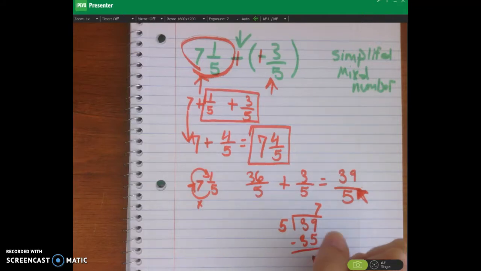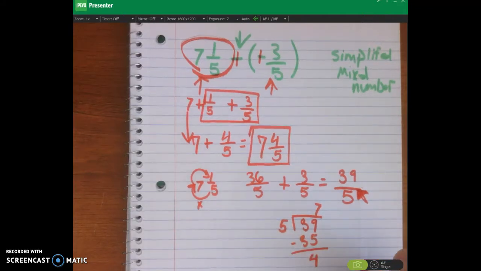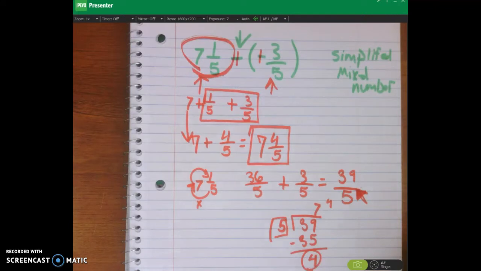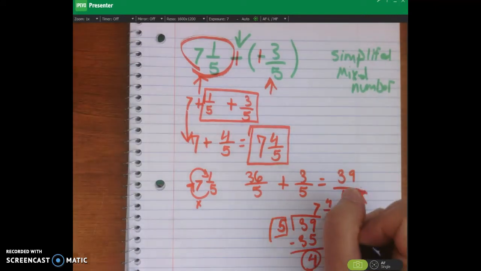We subtract, we are left with 4. Now we're working with fractions, so we don't need to keep going and make it a decimal. So our 4 is our remainder, and 5 is our denominator. So we have 7 and 4/5.